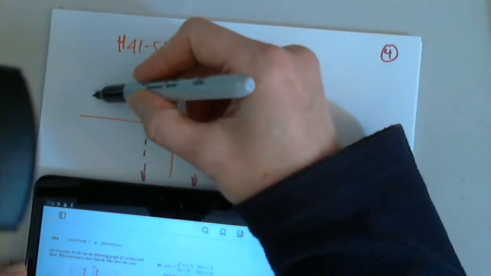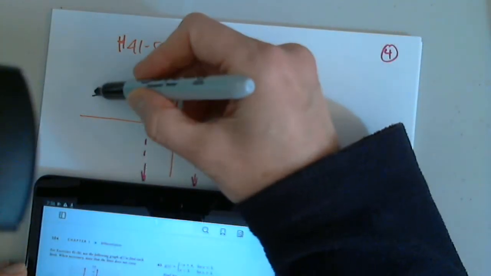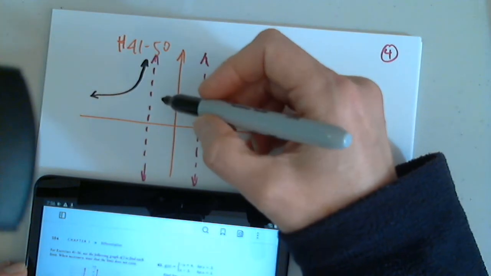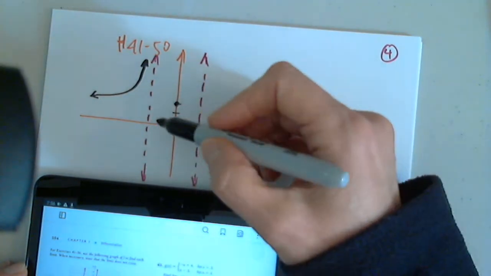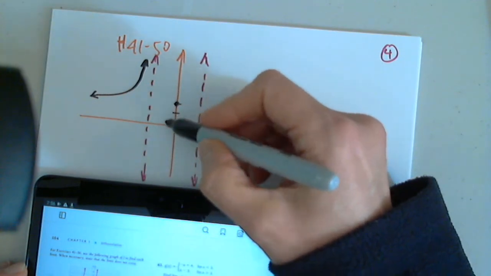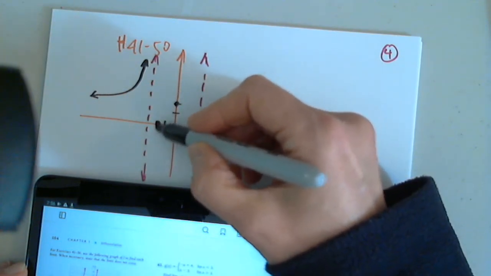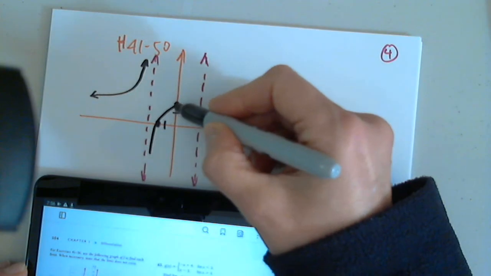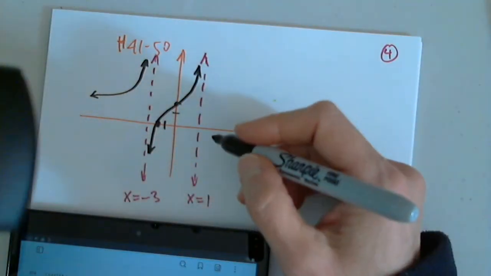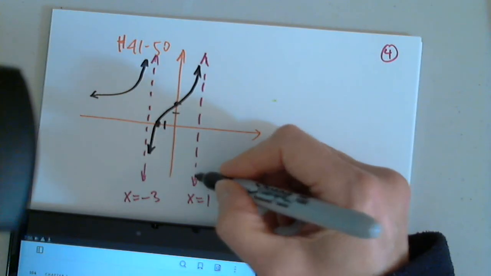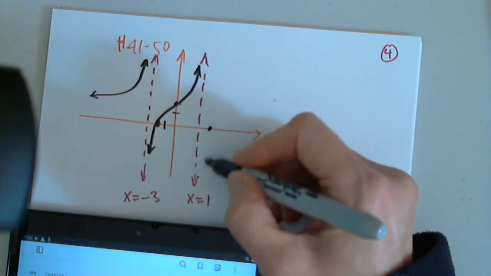For what we are trying to do right now, we don't need that. Here's the graph. And here's the other graph, the other part. And it crosses at 3.